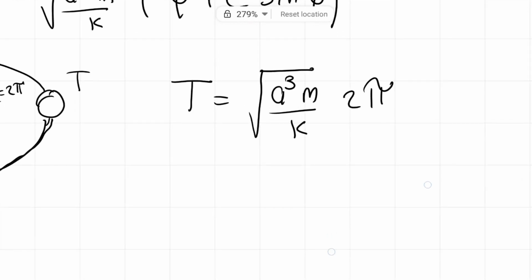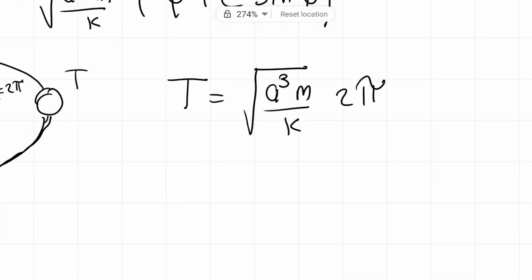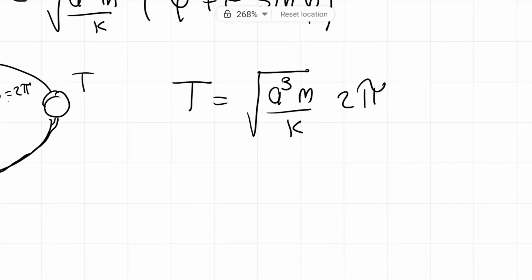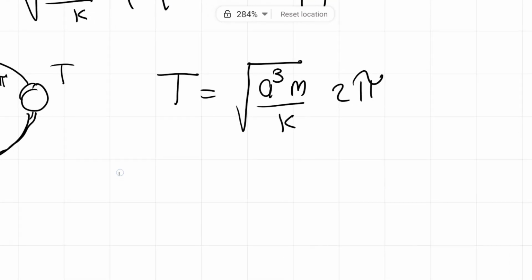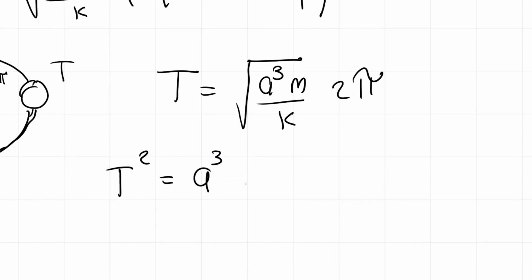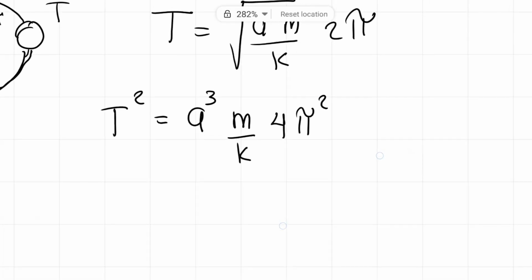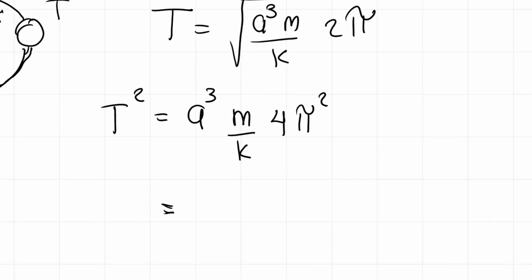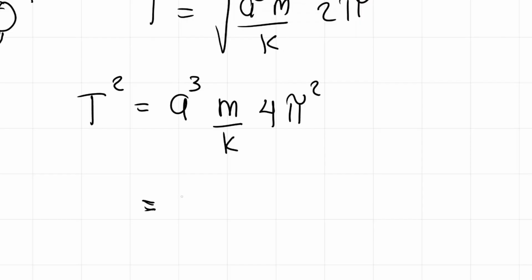What happens if we raise the whole equation to the second power? We get that t squared is equal to a cubed times m over k times 4 pi squared. If we order this, we get 4m pi squared over k times a cubed.